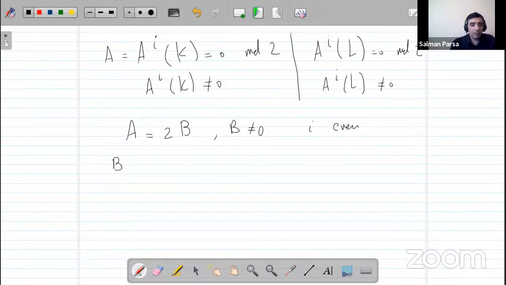And then we can write B, because this relation is actually true in cohomology. Then B is the class of some S eta, some D cocycle, where we compute the cohomology.